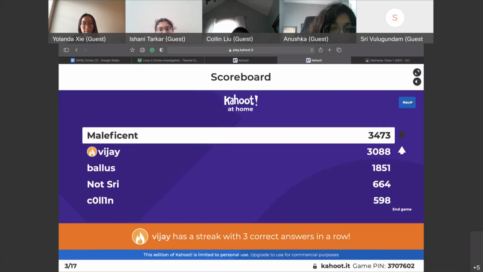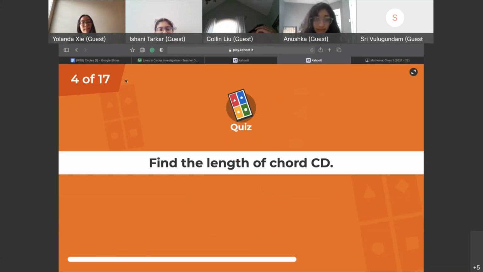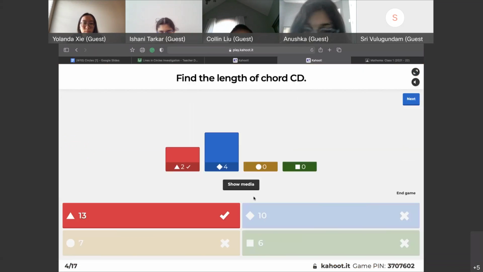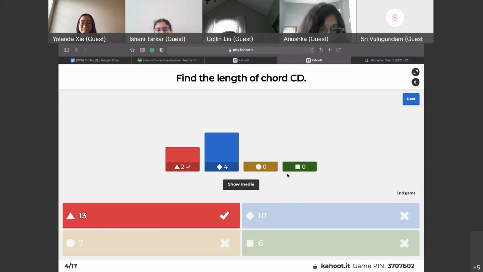Okay, Maleficent is in first place. Find the length of chord CD. Shoot, I forgot to add the 3. Oh my gosh. I rushed. I misclicked. Yeah, this one's easy to mess up on.